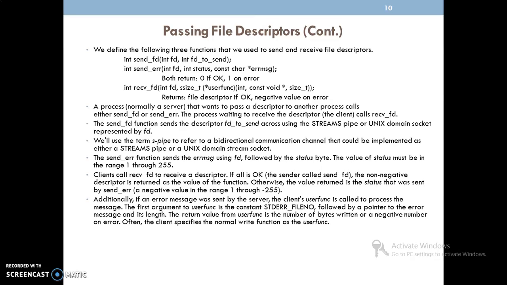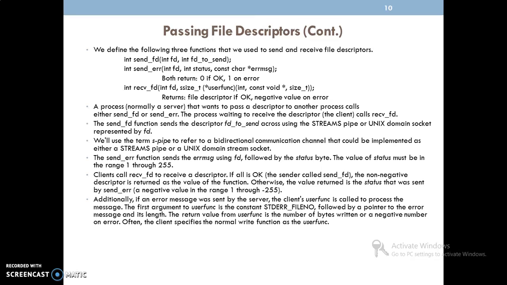The send_fd function sends the file descriptor across the stream pipe. The send_err function sends the error message across the stream pipe followed by the status byte. The value of the status byte is usually in the range -1 to 255. recv_fd is called by the client to receive the descriptor.